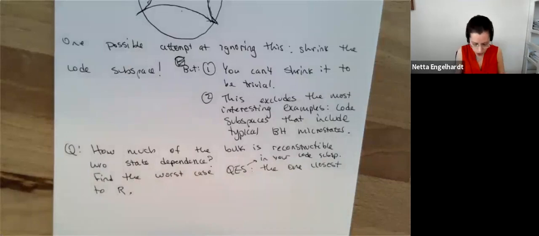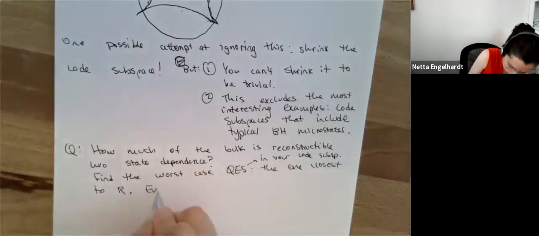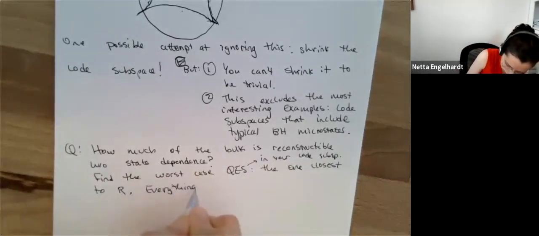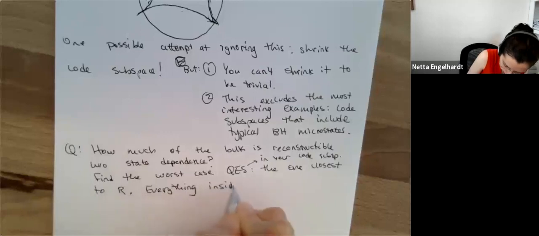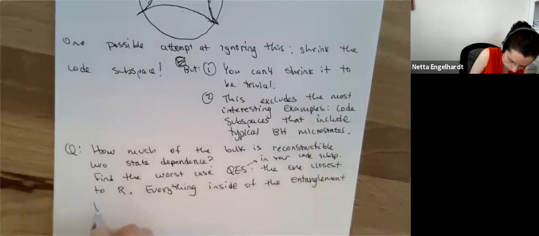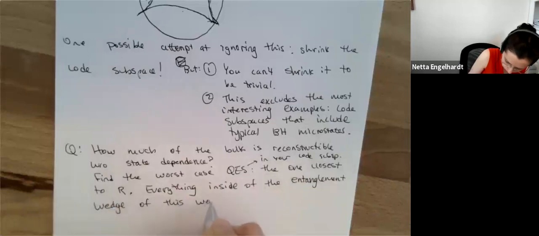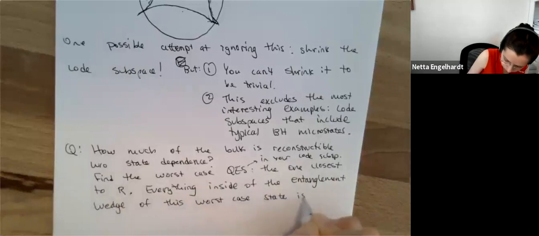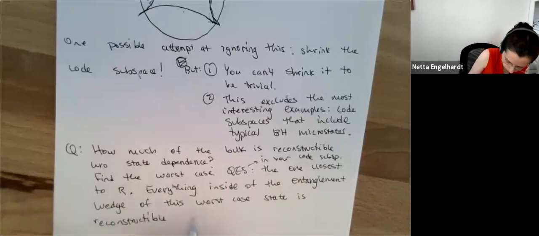And then you say, okay, everything inside of the entanglement wedge of this worst case state is reconstructible without state dependence.